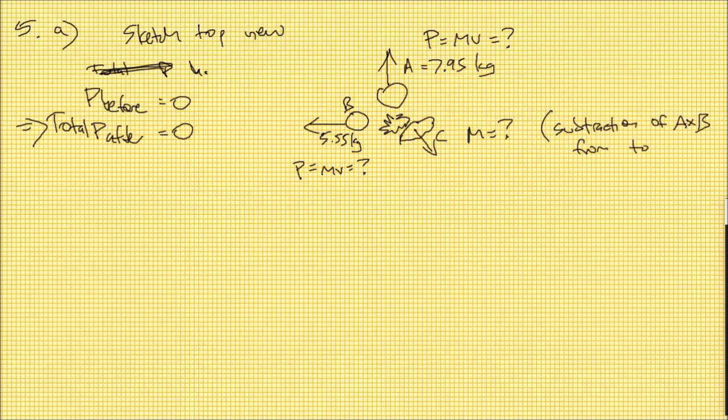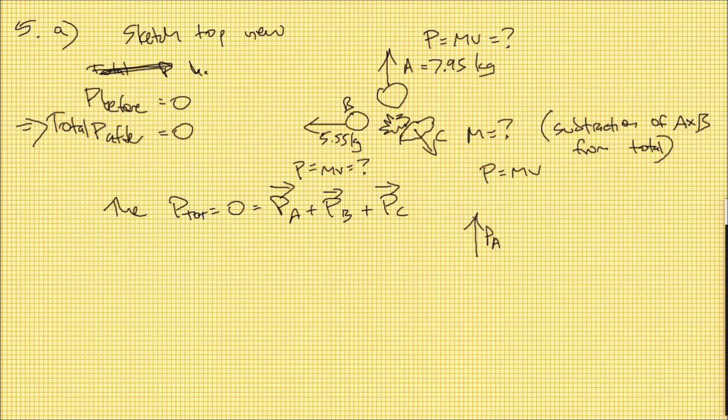You really only have one thing left to find after you've found the mass of rock C, and that is two things, the speed and direction of rock C. And that's what, not surprisingly, they've asked for. So the starting point is that if the total momentum is 0, then the vectors for the momentum of PA, PB, and PC added nose to tail like this should add up to 0, and rocks A and B are at right angles.